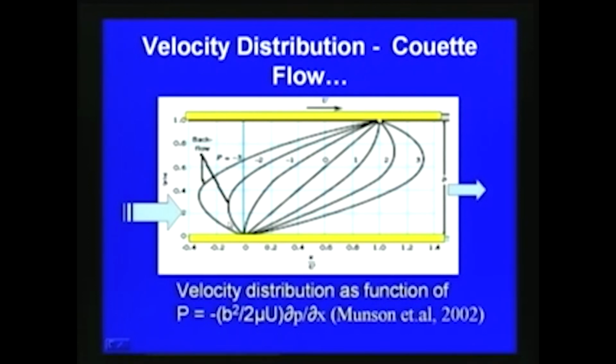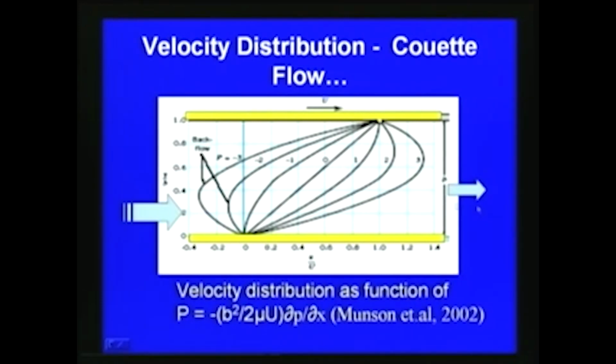If we plot the velocity distribution of the flow between these two plates for various values of a parameter p, which we define as minus b squared by 2 mu dp by dx, where b is the distance between the two plates, we can plot the velocity like this. When p is equal to 0, it is linear, when p is equal to 1 it goes like this, and p equal to 2 goes in this direction. Like that, for various values of this parameter, we can plot the velocity distribution.